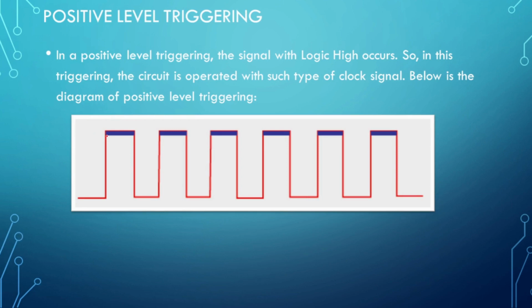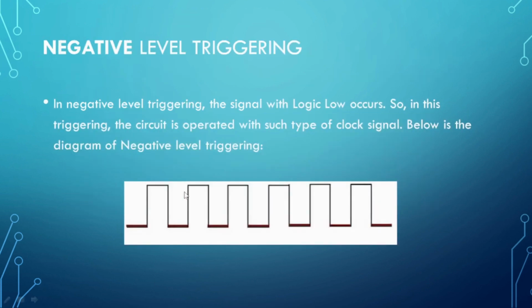So this is positive level triggering. When the level triggering occurs at the high value of the clock signal, which is 1, then the triggering is called positive level triggering. If the triggering occurs at the lower level or zero level, then the triggering is called negative level triggering.